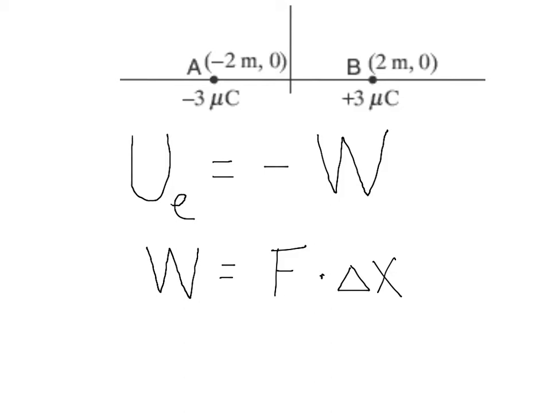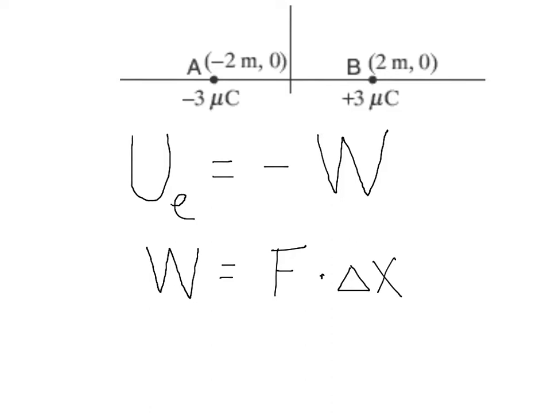But remember, with gravitational forces as well as electric forces, the force is dependent on where the object is. So when the object starts far separated from the other, there's very little force involved. But as they get closer and closer, that force goes up. It's an inverse square type relationship. And that means we can't use this simplistic definition of work.